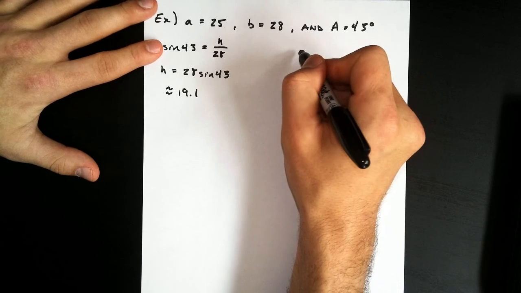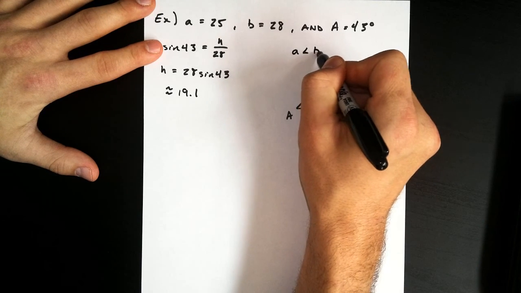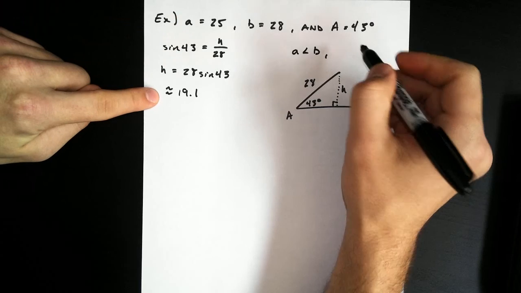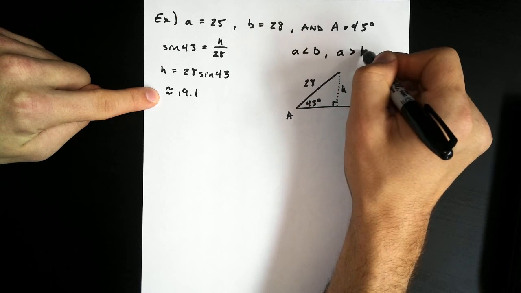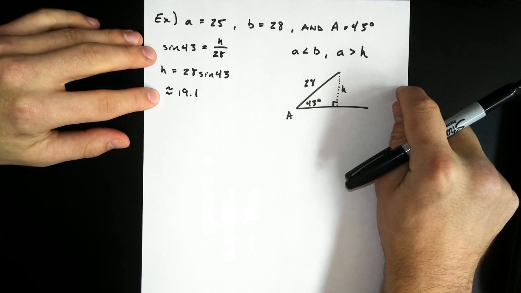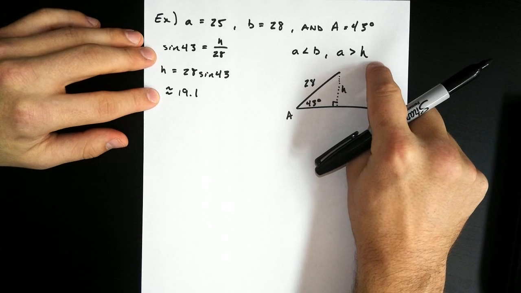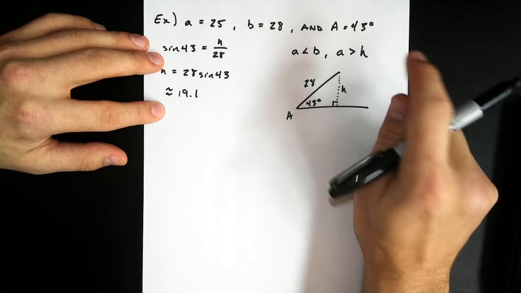So based on our information, we have a is less than b, but we do have a is greater than h. So because of that, our triangle actually has two possibilities.